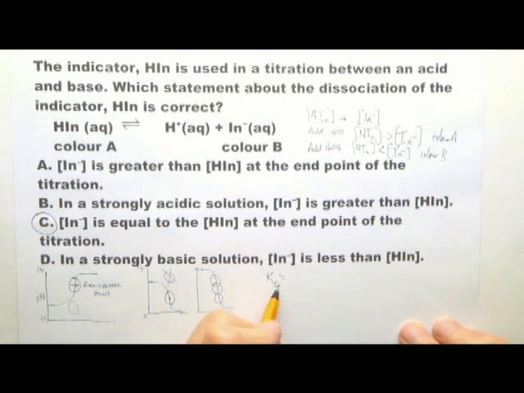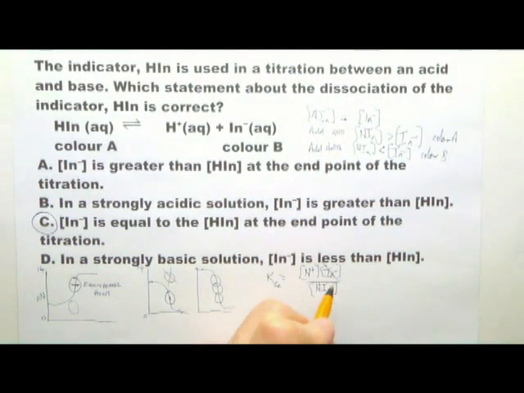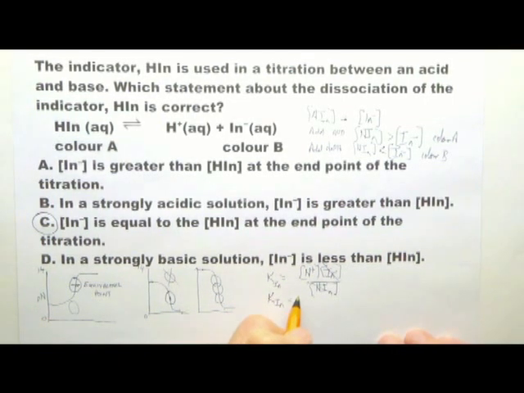But generally, since we're saying it's an indicator, we can call it Kin, and it's equal to [H+][In-] over [HIn]. At the point where [In-] equals [HIn], we can remove them, and we have Kin equals [H+].